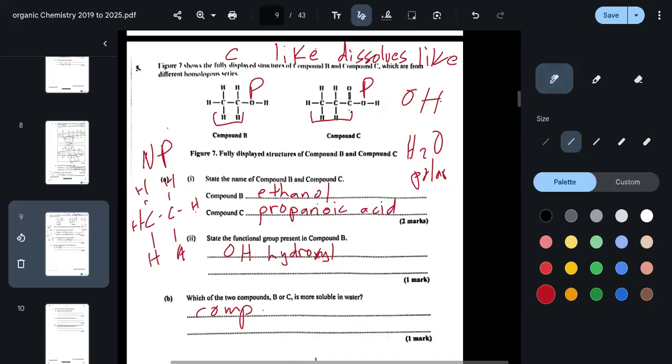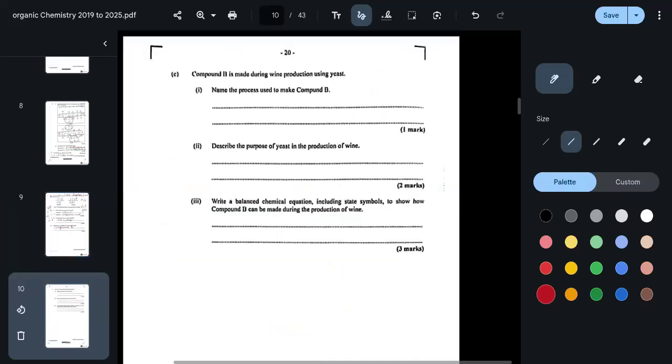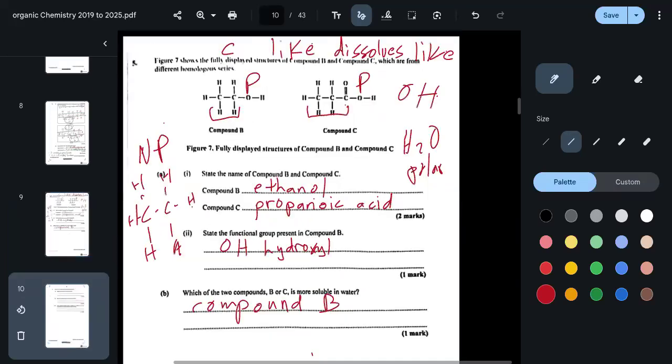Compound B. All right, so that one was completed.